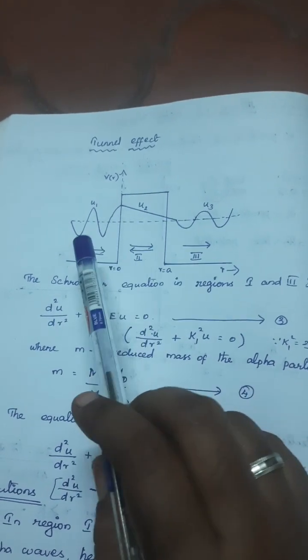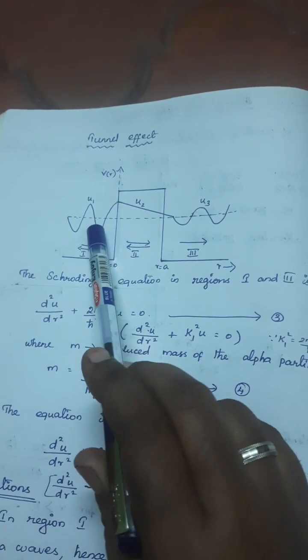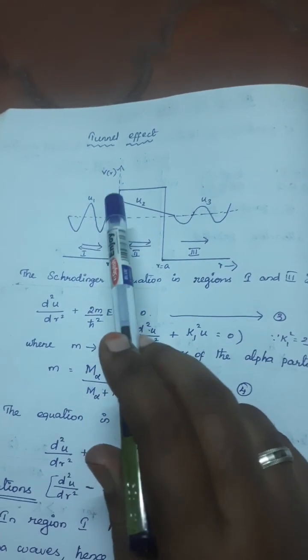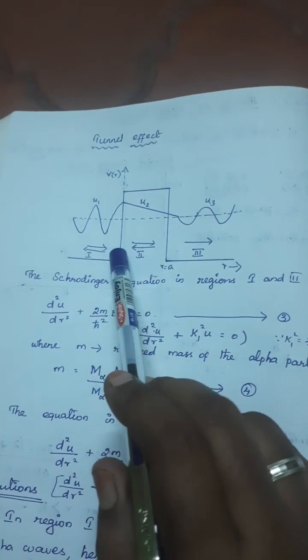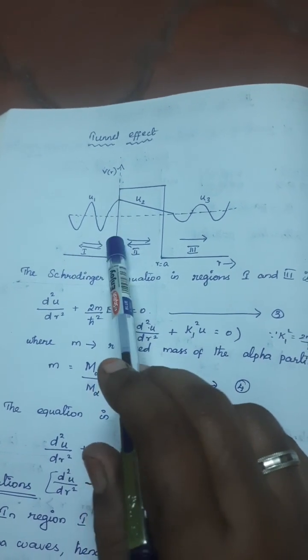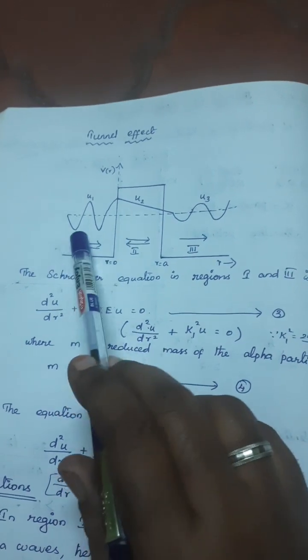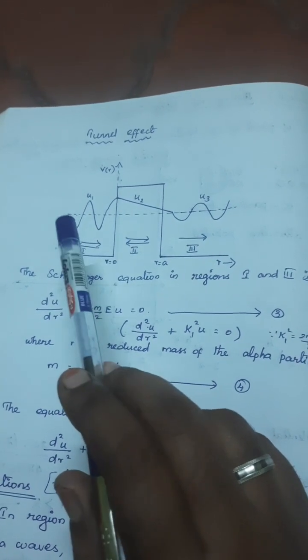Here the particle is incident on the barrier, shown by this arrow mark. At the same time, the particle is reflected at the barrier, represented by the opposite direction arrow mark.